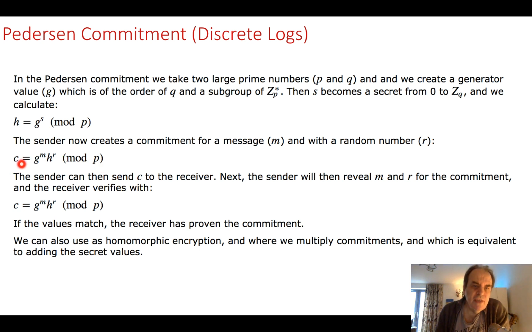So the value of C and R is the commitment that Bob will make to the secret that he knows. The secret in this case is the message M.